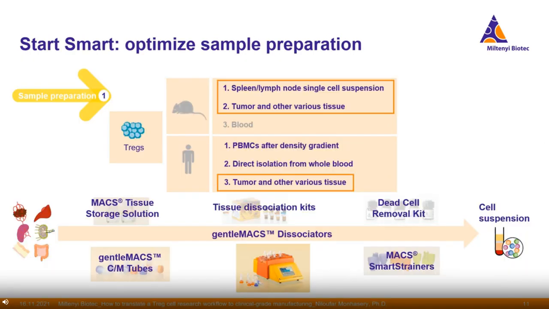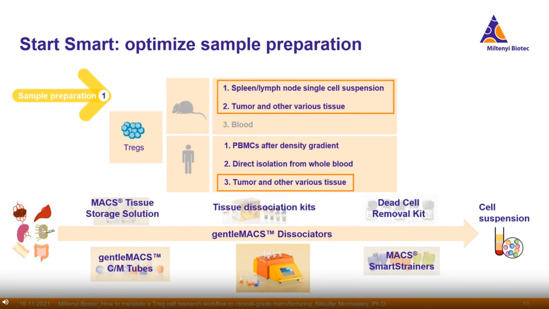Okay, let's start with the research portfolio, and the first step is sample preparation. To get a very good result out of your whole experiment, you need to optimize your sample preparation. The main sources of Tregs in mouse are spleen and lymph node, and they can also be isolated from tumor and other tissues.